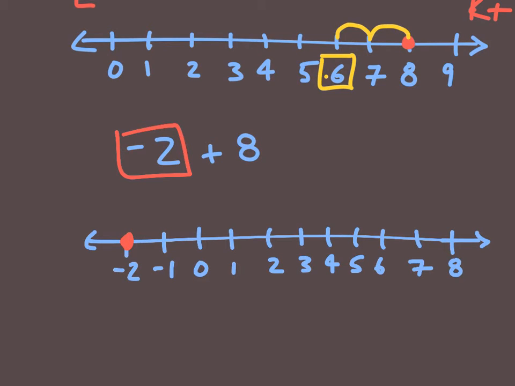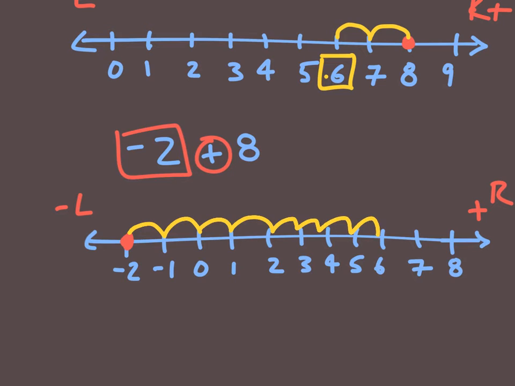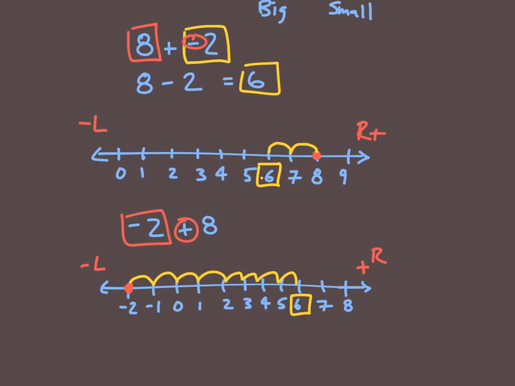And because we're simply adding an 8, that means I'm going to go to the right. If it was negative, we'd go to the left. So I start at -2, and I'm going to move 8 spaces over to the right. I'm going to count 1, 2, 3, 4, 5, 6, 7, 8, and we end up at 6. And that was the same thing that we got here.